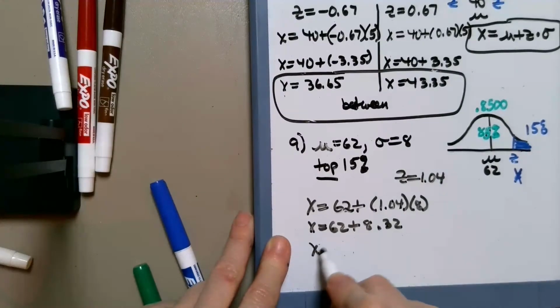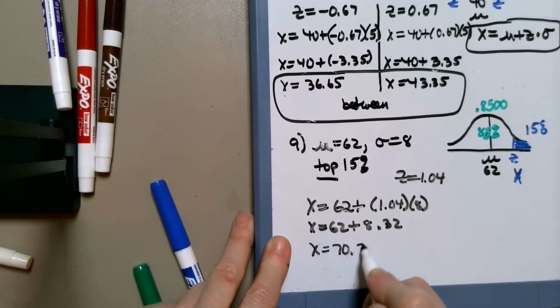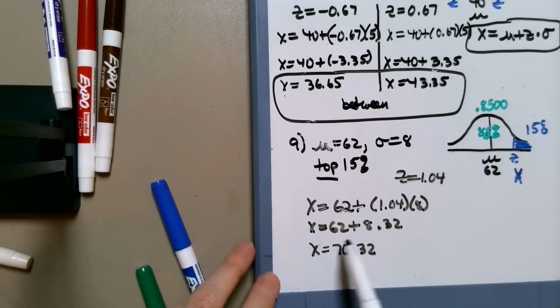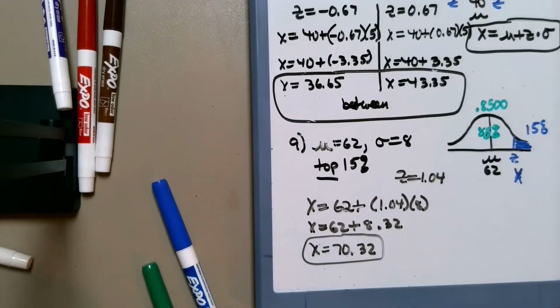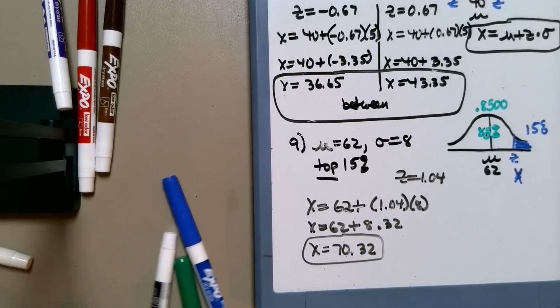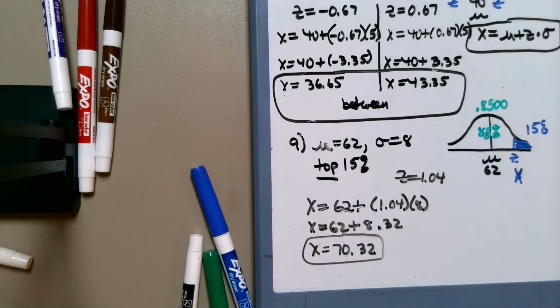So that's going to give me a value of 70.32 that would put a recruit in the top 15% on that test. So maybe you can't get 70.32. So that's why I put on the answer key, probably it's around a 70 on the test. That's closest to a 70 score, or 71, depending on how they round it, I guess. All right, on to number 10.